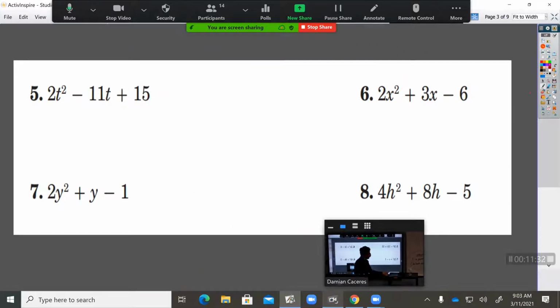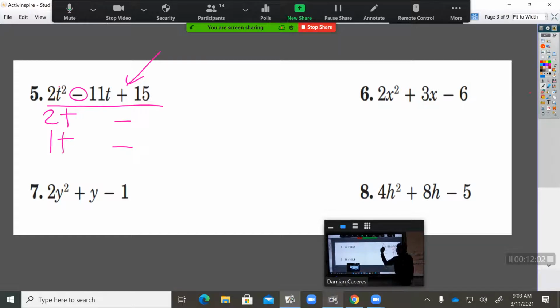All right, so on the first one here, let's break down the first and last number because there is no greatest common factor. As a matter of fact, on all 4 problems, there is no common factor. So we're already skipping to step 2 on all of these, which is just break down the first and the last number. Now remember, if the last number is positive, it's either positive positive or negative negative. So I know it's going to be negative negative because of the middle term.